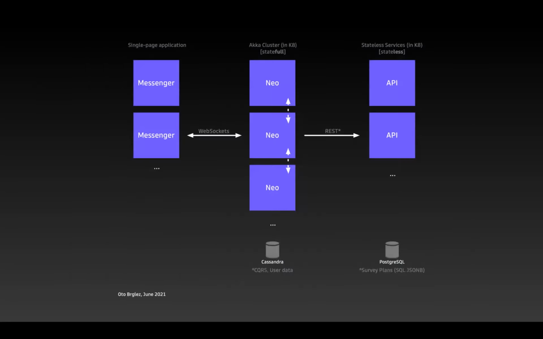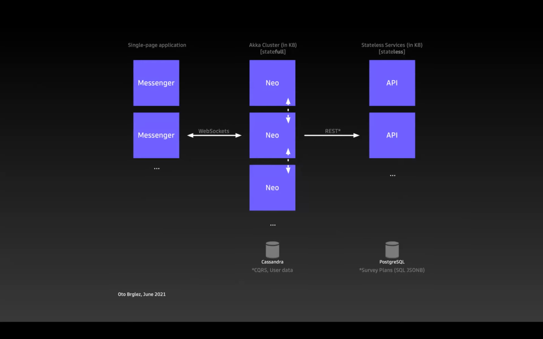On a high level, we have an architecture that looks very simple. We have a single page front end app. That front end app then connects via WebSocket to our Akka cluster. And then we also have very traditional stateless RESTful APIs behind the scenes.